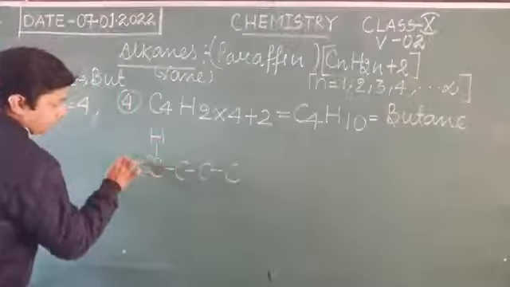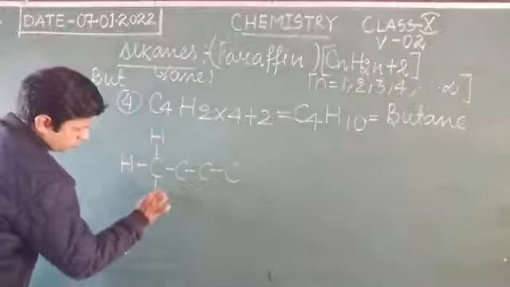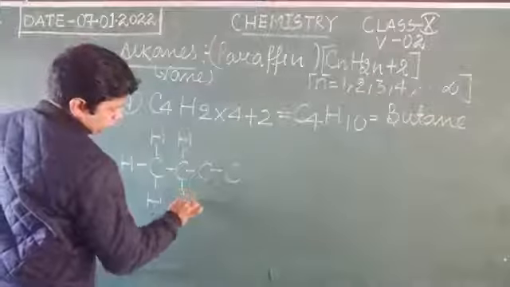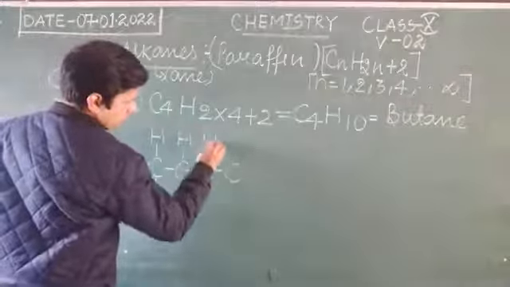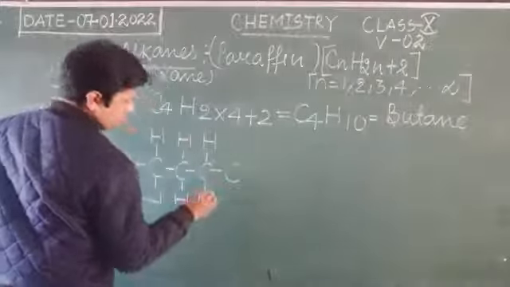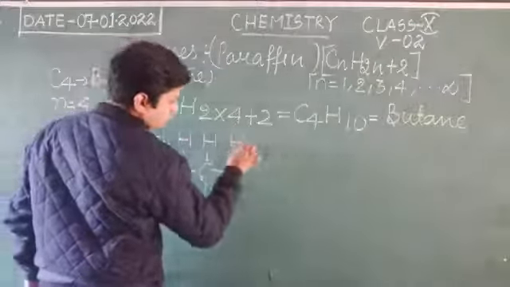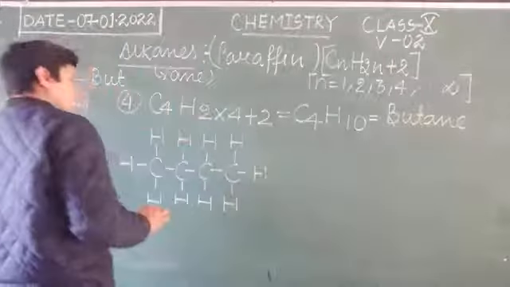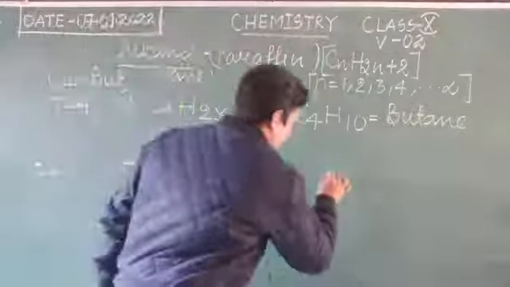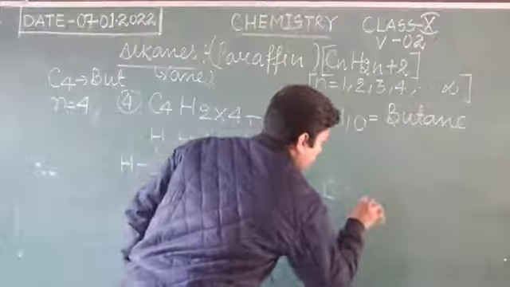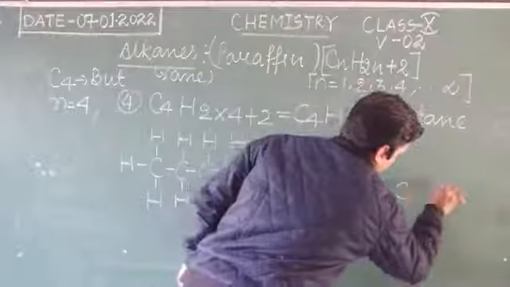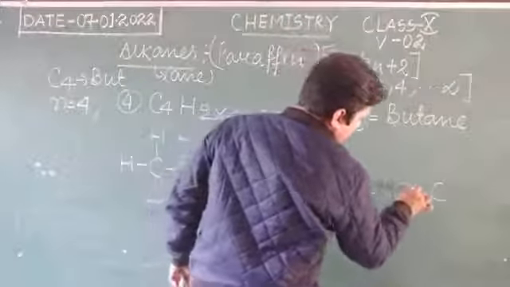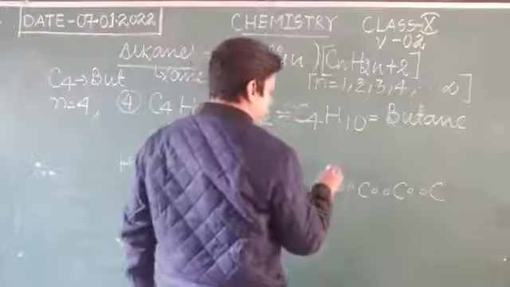Four carbon atoms are there. 1, 2, 3, 4 carbon atoms are there. Each carbon atom shares one electron with each other.